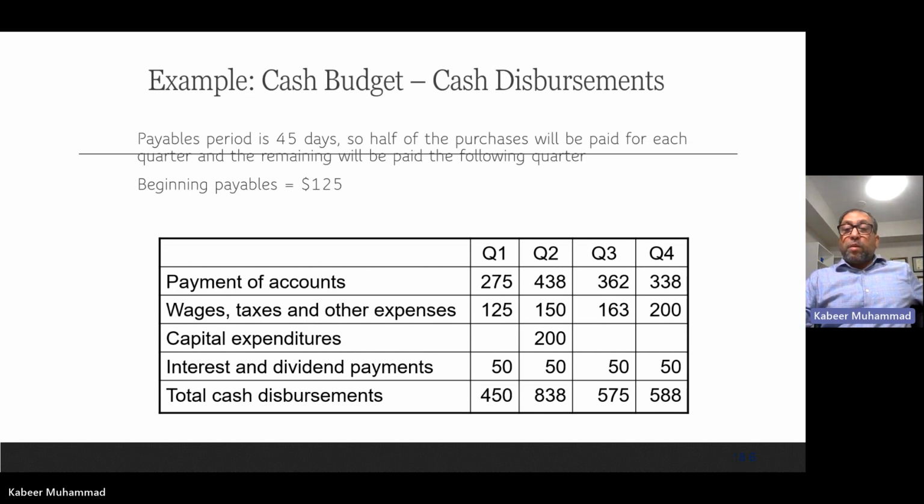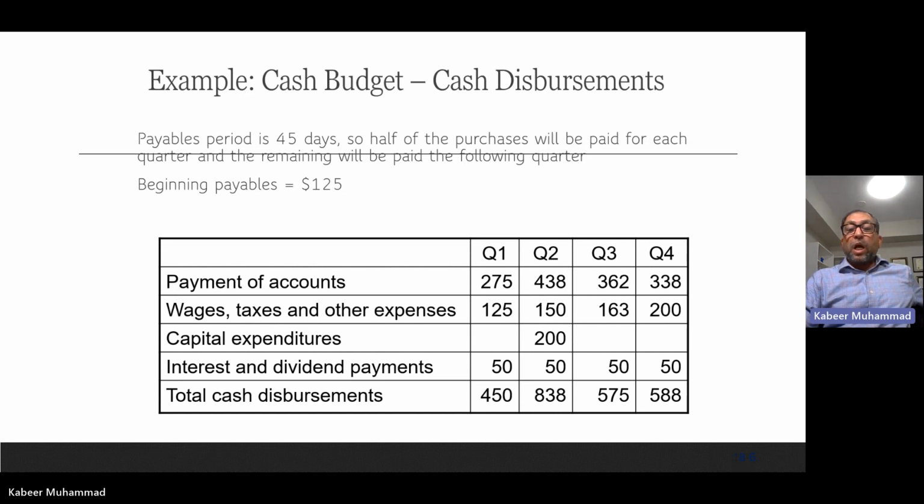Now we are also buying our inventory on credit, so all the payments are going through the accounts payable, and the rest of the things, like interest and dividend or wages, which are separate, we are paying directly in cash. So payment of accounts payable, we see that it's 125.